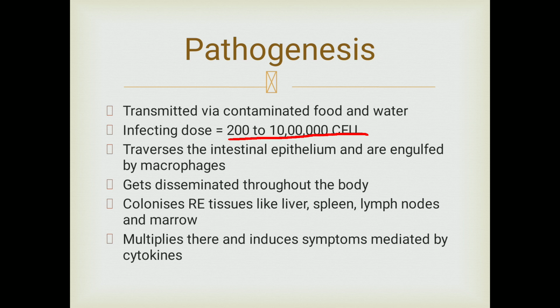Then it gets disseminated throughout the body and colonizes the reticuloendothelial tissues like liver, spleen, lymph nodes and bone marrow. It multiplies there and as a result cytokines are produced which are responsible for the signs and symptoms of typhoid fever. So it just enters the gastrointestinal tract, from there it seeds the reticuloendothelial tissues.